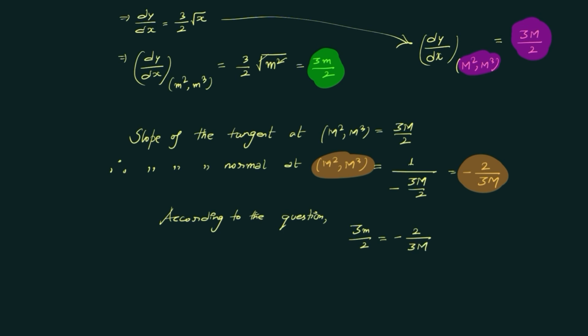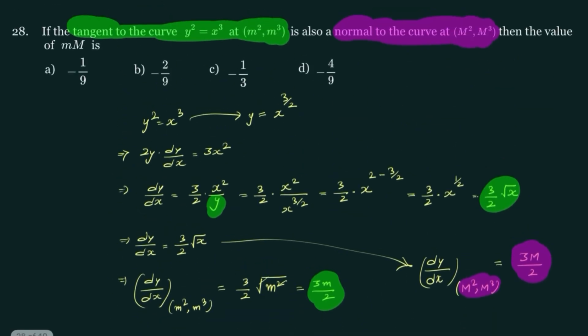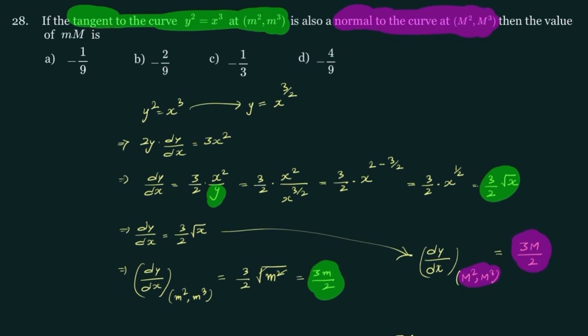Let me repeat one more time. This 3 small m by 2 is the slope of the tangent at small (m squared, m cubed), while this is the slope of the normal at which point? At capital (M squared, M cubed), because the question was saying the tangent at this point and the normal at this point are the same.